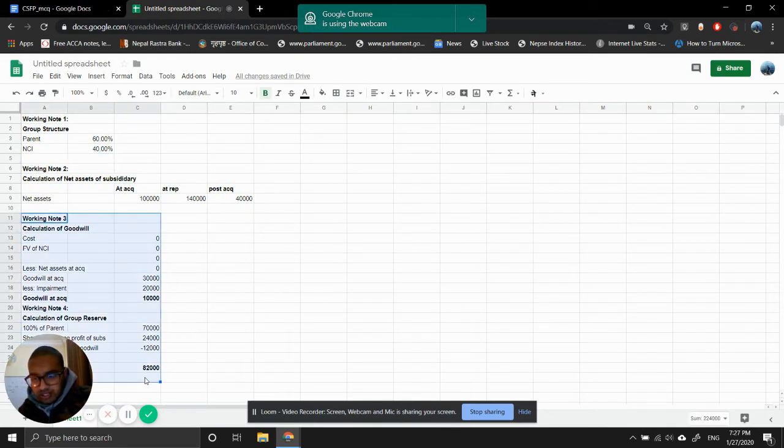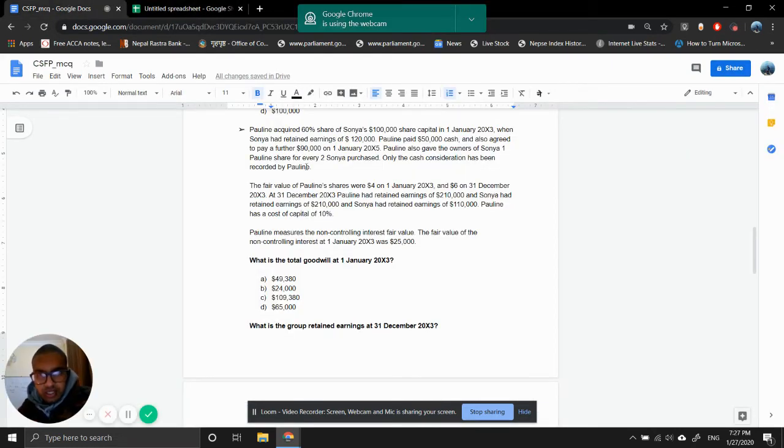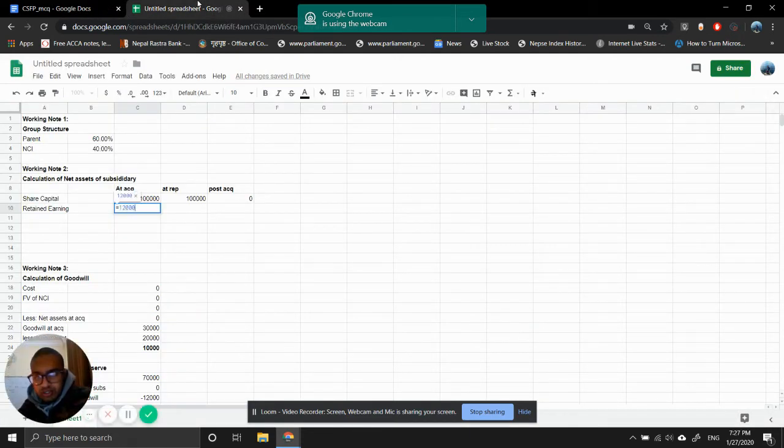So what we need to do is let's move this thing a bit lower. Share capital, and then after that, that's 100,000. Reporting date also it's the same. Retained earning. Let's look at it. So at acquisition date, what's the retained earning at acquisition date? 120,000, right? So 120,000.